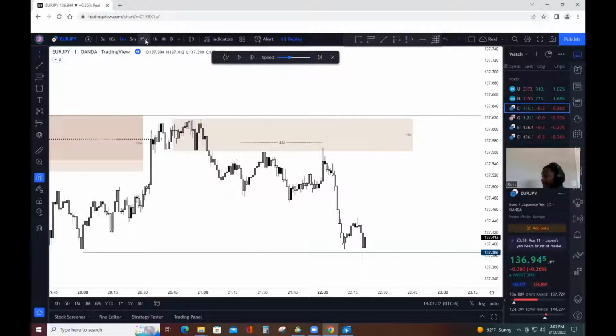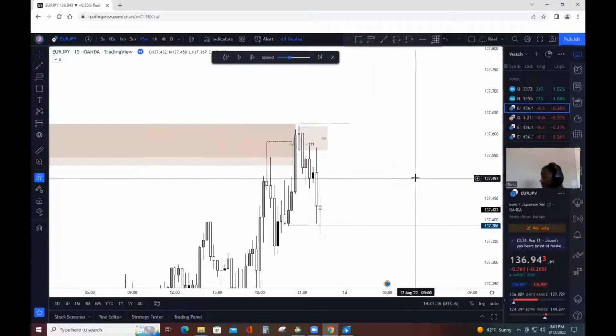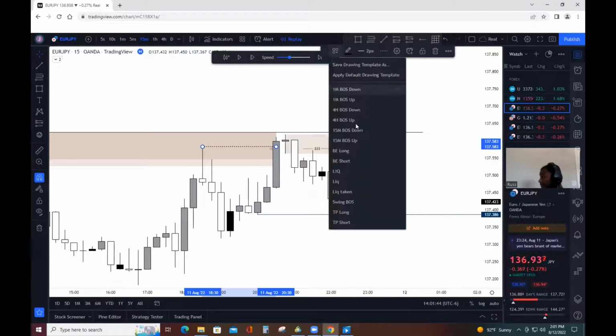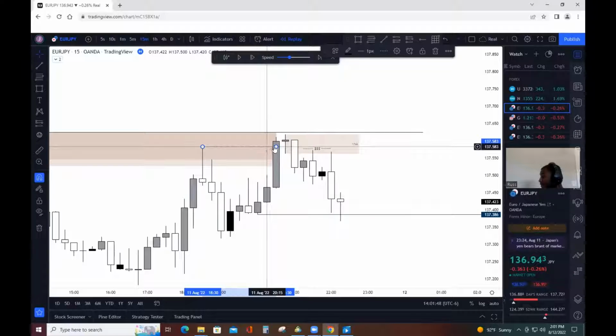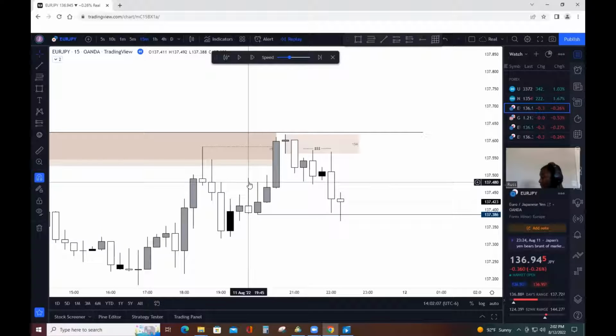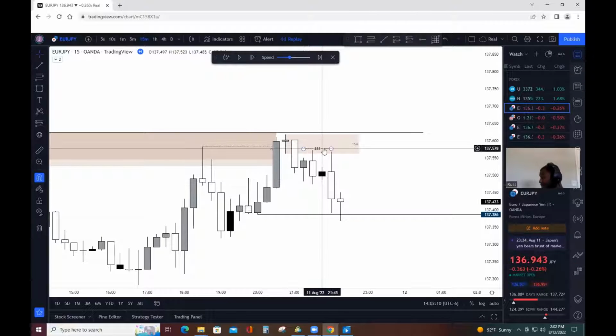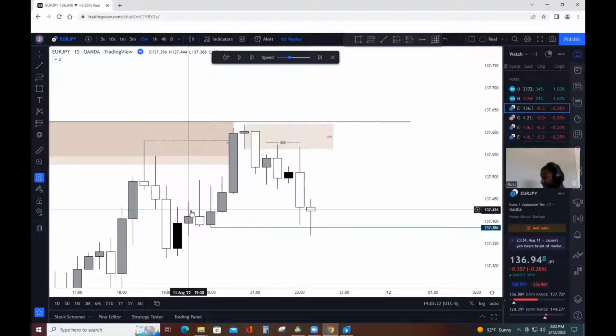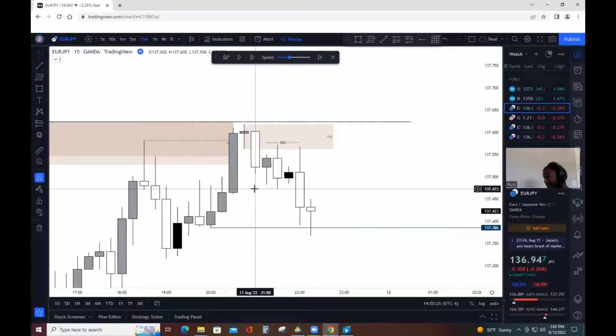And if we go back to the 15, it really didn't work because this sweep, but after it pushed this, well, I mean, after it swept, it did come back into this demand zone before going back up to there. So that's one of the reasons why we don't get in. I didn't notice this last night, even though I was watching on the 1 minute, but when I go back to the 15, it makes sense as to why it didn't give us an entry.